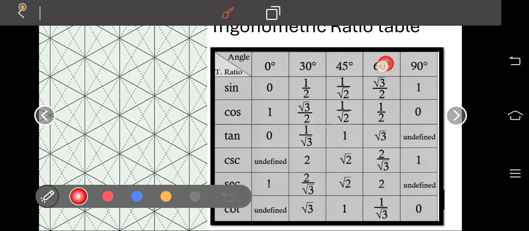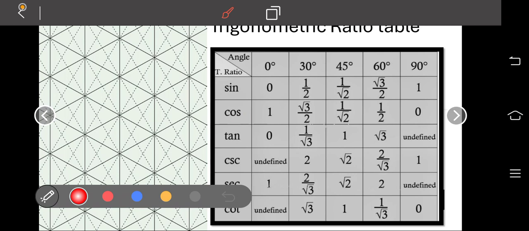Sine 60 value is equal to cos 30 degrees value, and sine 45 degrees value is equal to cos 45 degree value, and sine 30 degree value is the value of cos 60 degree, and sine 0 is equal to cos 90 degrees. So isn't it full opposite? So sine and cos are relative.